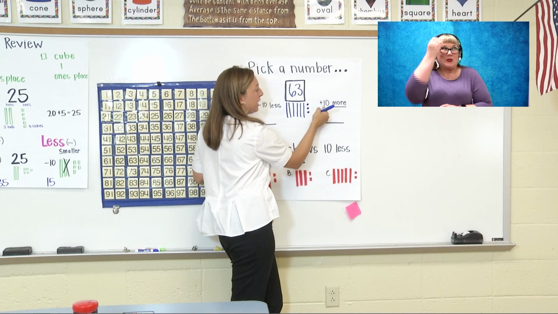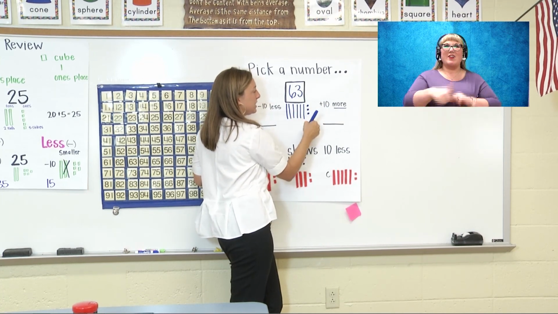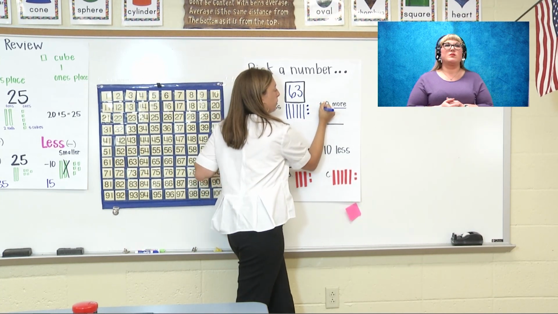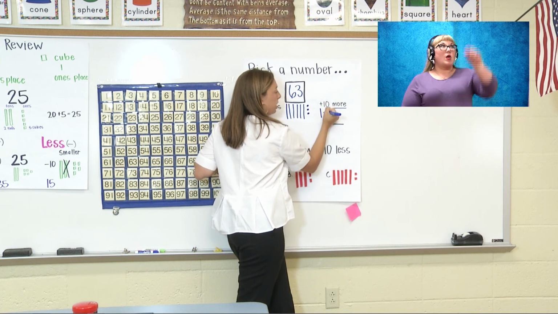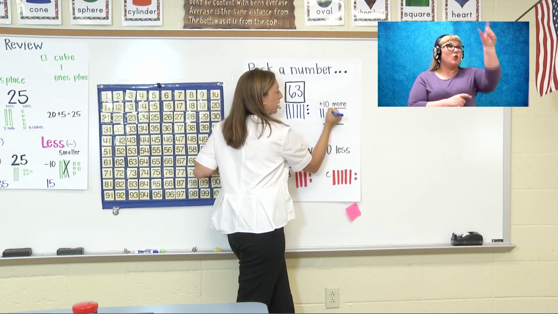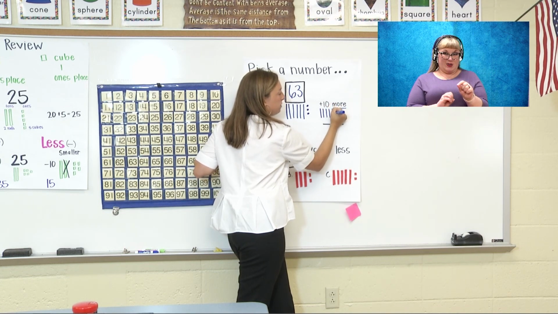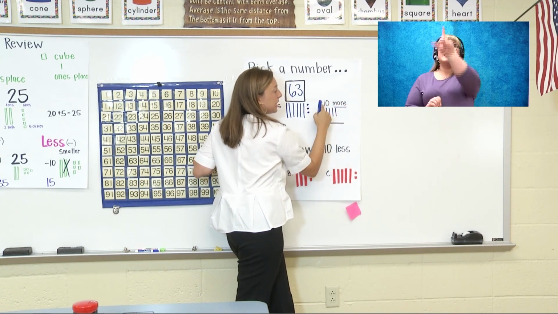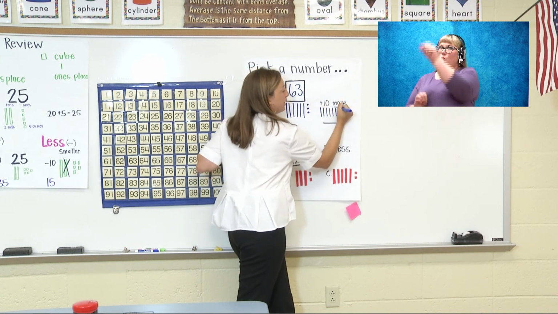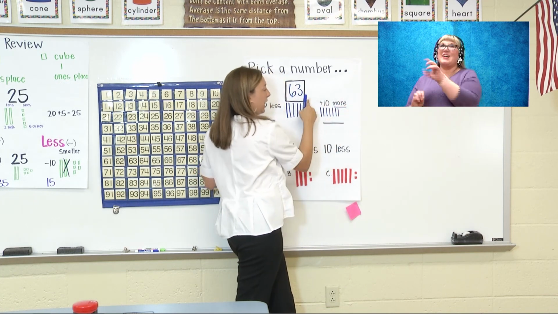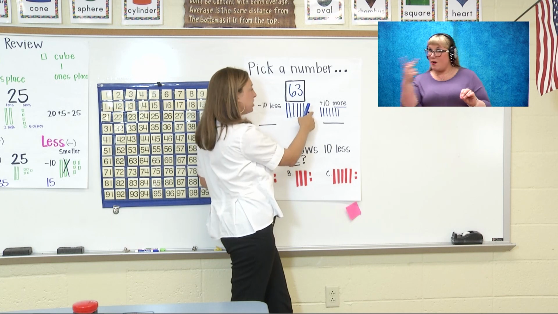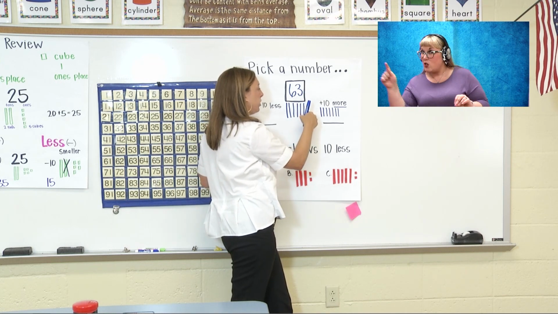So we're adding another rod to our 63. So we're going to redraw 10, 20, 30, 40, 50, 60, plus a rod, 70. Now our ones place didn't change. 1, 2, 3.